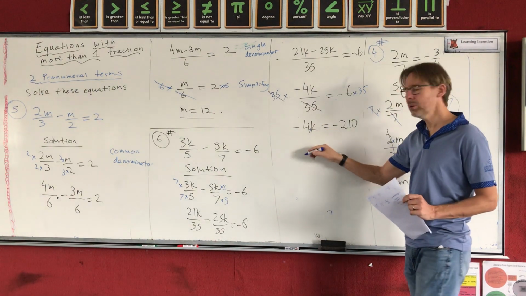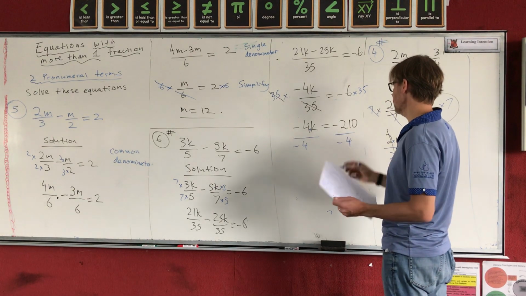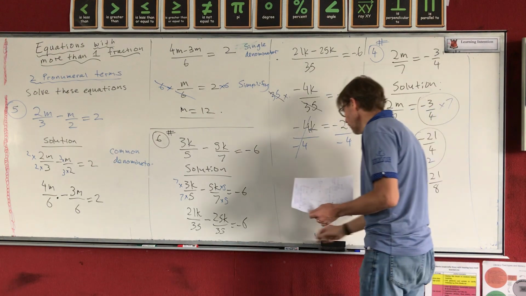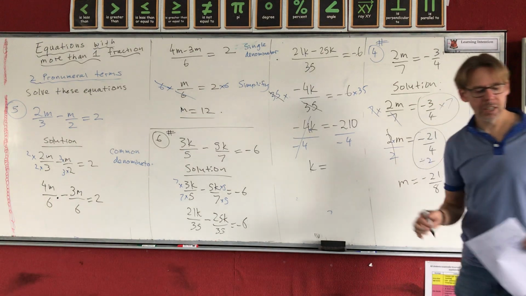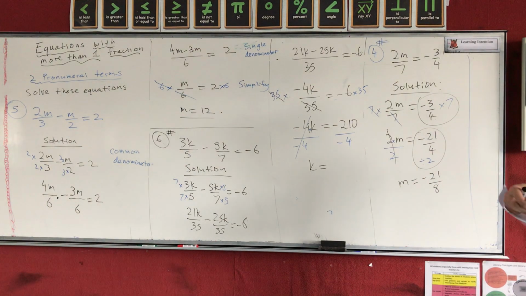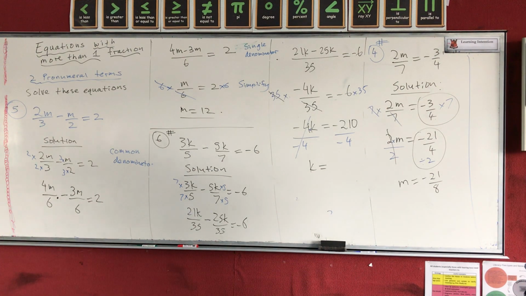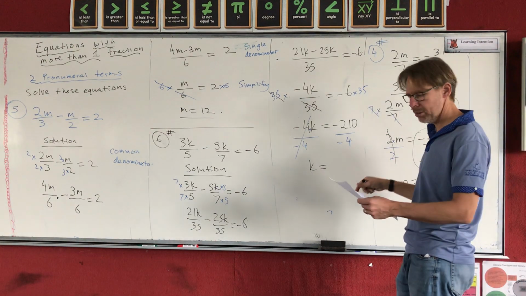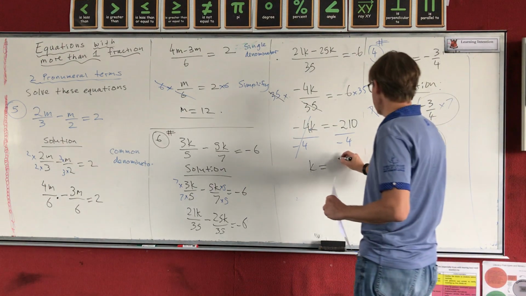You're not going to add 4, you're actually going to divide by negative 4 on both sides, okay? The negative 4s cancel, and then k will equal, get your calculator out for this, it's going to be a positive number, 210 divided by 4 equals 52.5. Make sure you're using the calculator for your arithmetic so you don't make silly mistakes. Okay, so 52.5 is your answer.